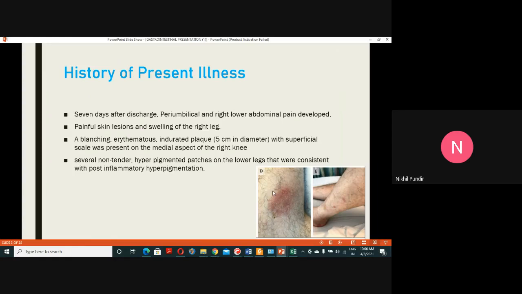There were two other plaques of 1 centimeter diameter on the lateral side of the calves. There were several non-tender hyperpigmented patches on the lower legs, consistent with post-inflammatory hyperpigmentation, and there was pain on palpation and diffuse erythema and warmth of the right lower calf.